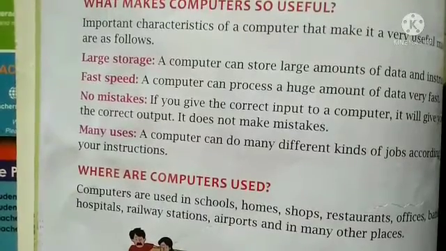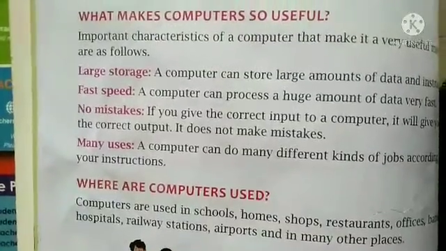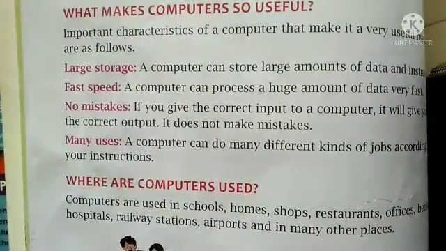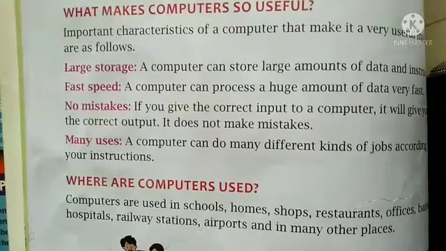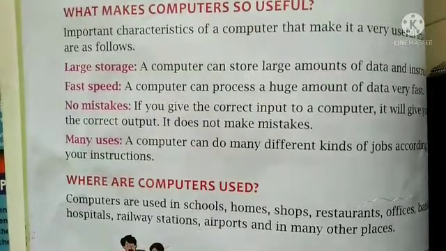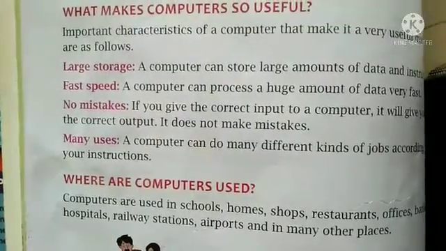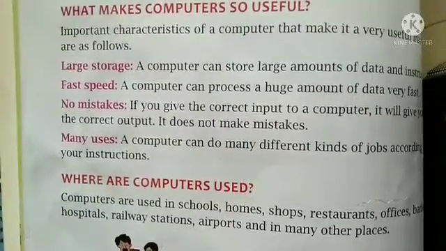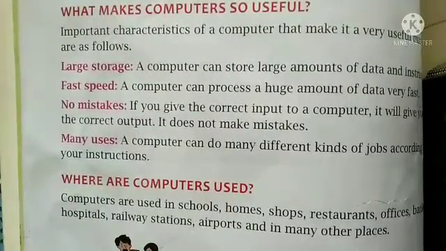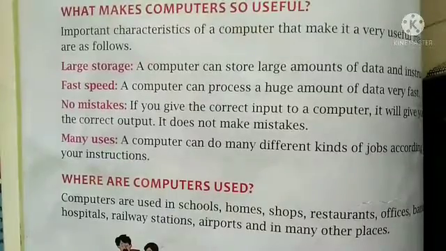Okay, so that is what they can maintain at hospitals. Then at railway stations, that is for booking tickets. Same with airports, they can book tickets, and in many other places as well.